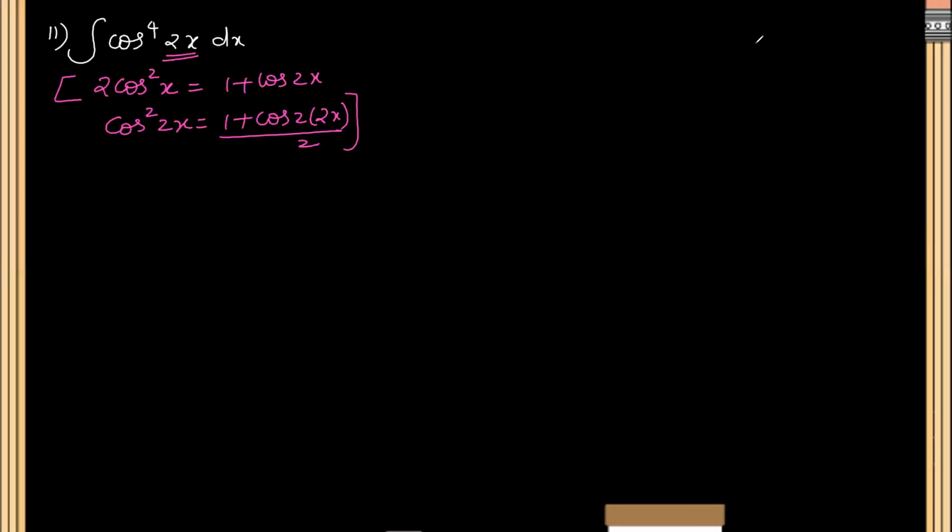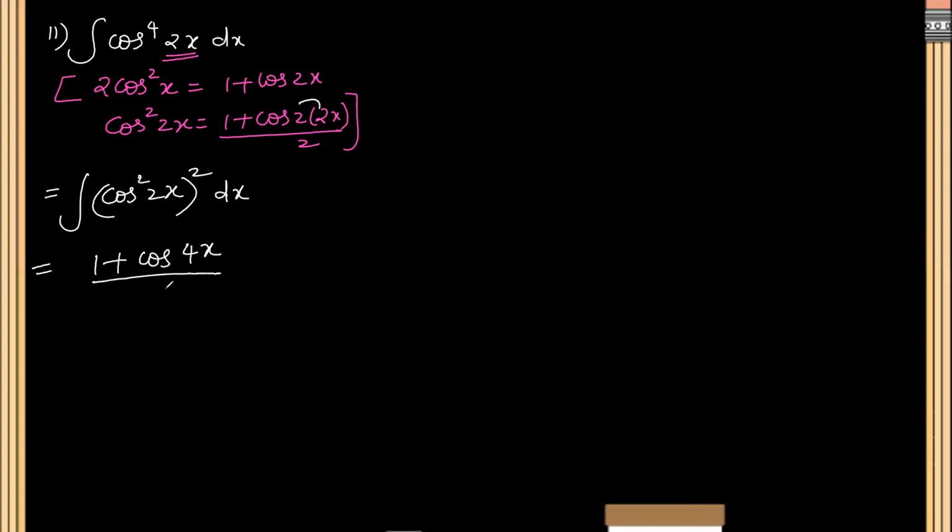Rewriting the given question as (cos^2 2x) the whole square. Anyway, 2 into 2 will get the question again. Now replacing cos^2 2x as (1 plus cos 4x) by 2, the whole square, this becomes integral ((1 plus cos 4x) by 2) the whole square dx.